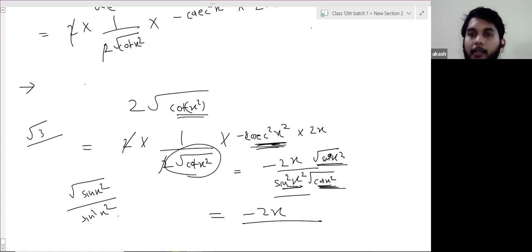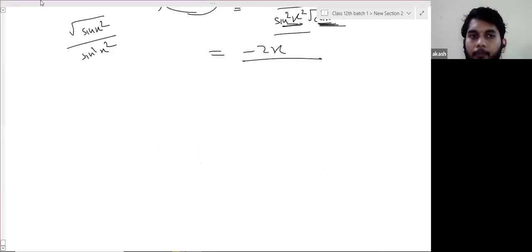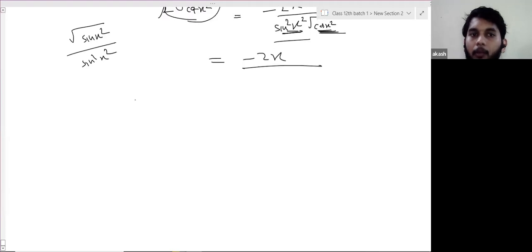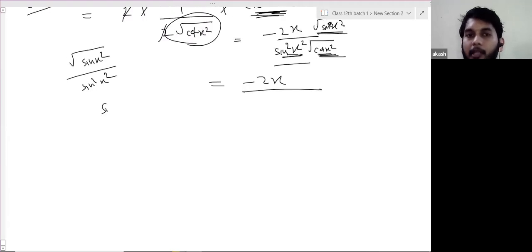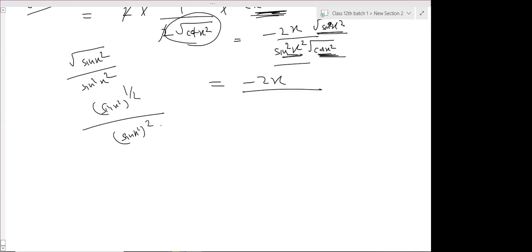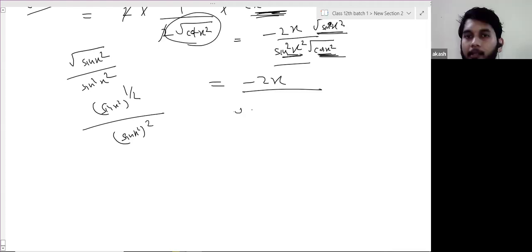Krishna, your voice is breaking. Ronaldo, how can we cancel this out? This is sine x square to the power half, and in the denominator we have sine x square to the power 2. So what will the remaining power be? Root sine x square. Right. So we can write this simply as sine x square to the power 3 by 2. Right?